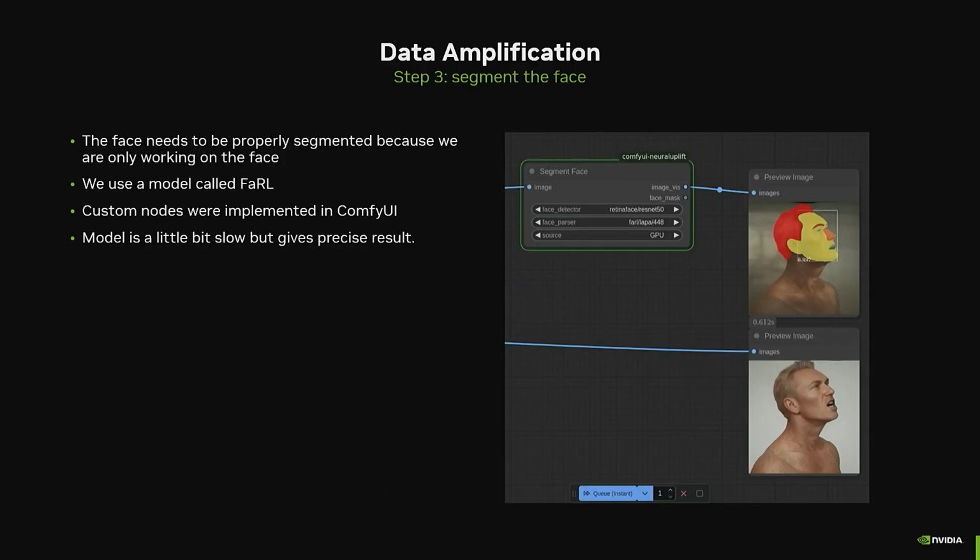To do that, we need to segment the face, and we implemented a custom node in ComfyUI. We use a model called FARL, and this is working pretty well. It is a little bit slow, but we are working on something else to have a faster segmentation.